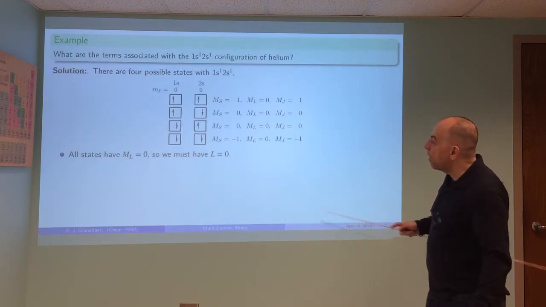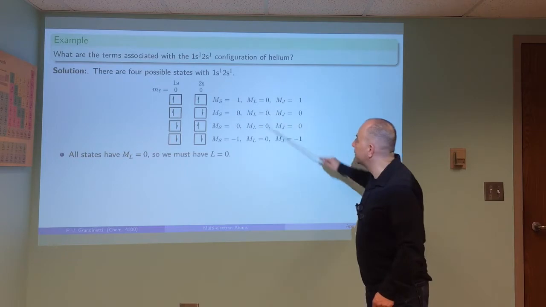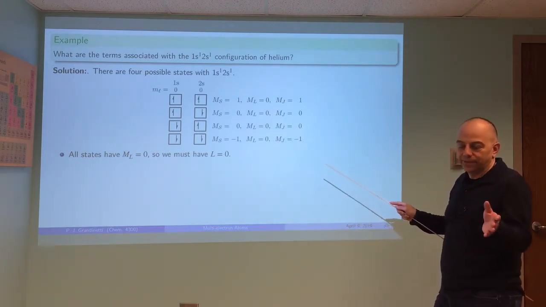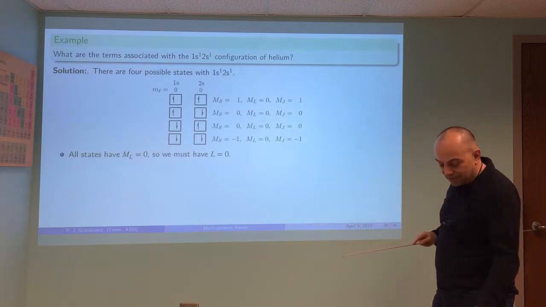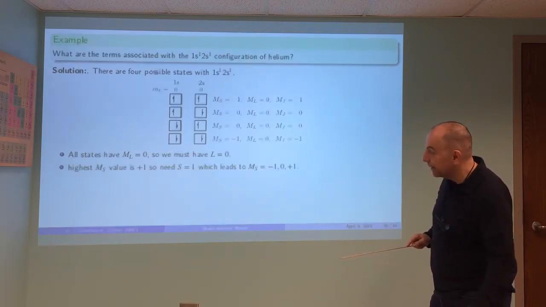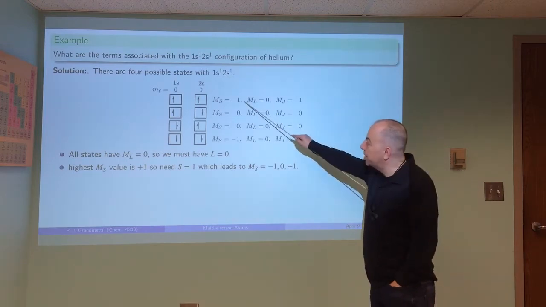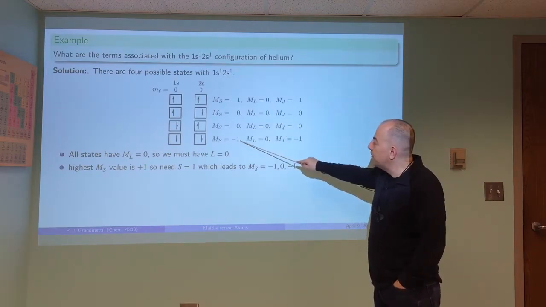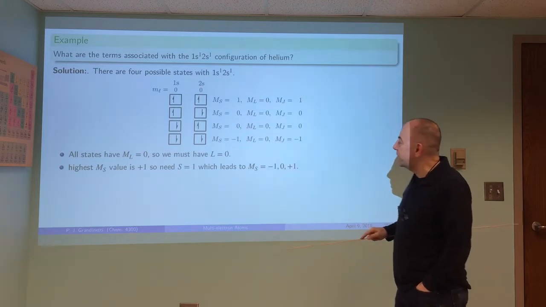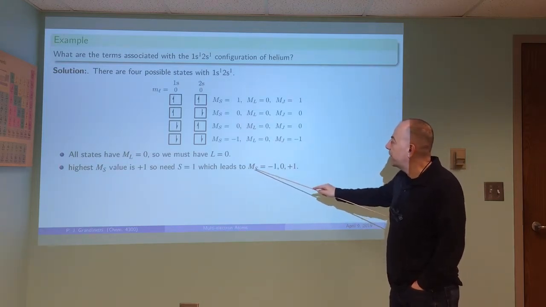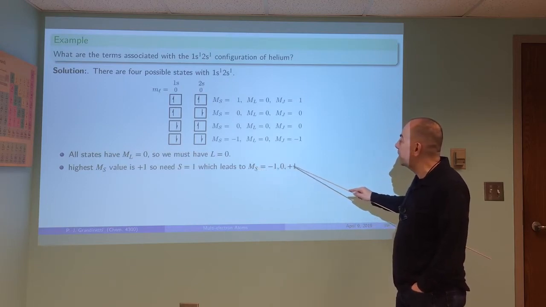So all states have M sub L equal to 0. So clearly, total L has to be equal to 0. So check, that one's figured out. The highest M sub S value that we see is plus 1, and the lowest is minus 1, and then we see some zeros in there. So clearly there is a state that has M sub S of minus 1, 0, and plus 1.